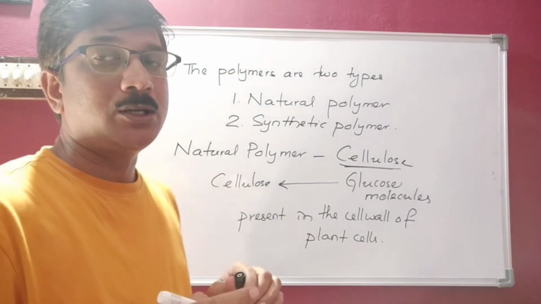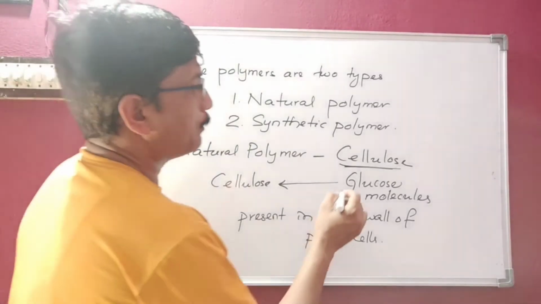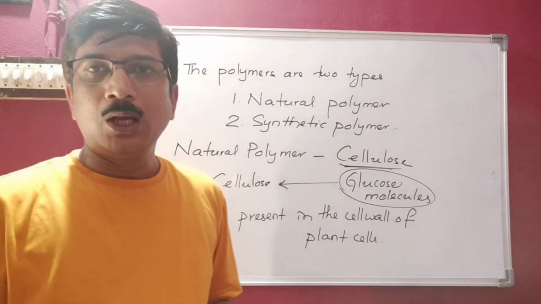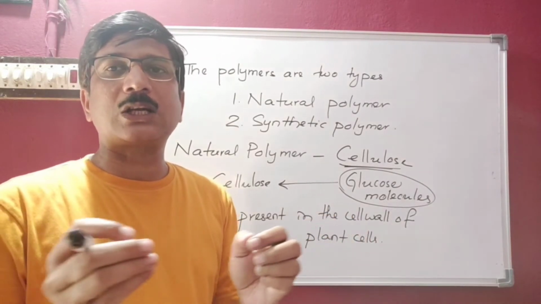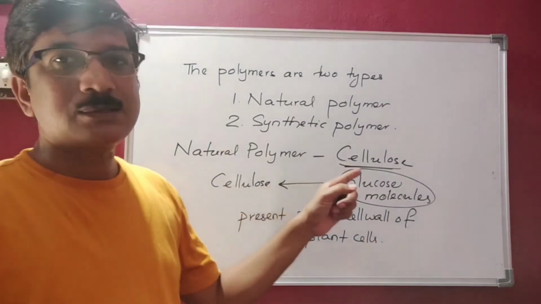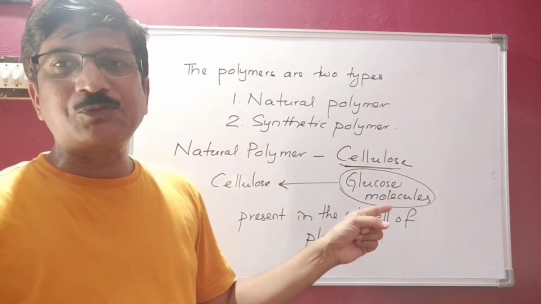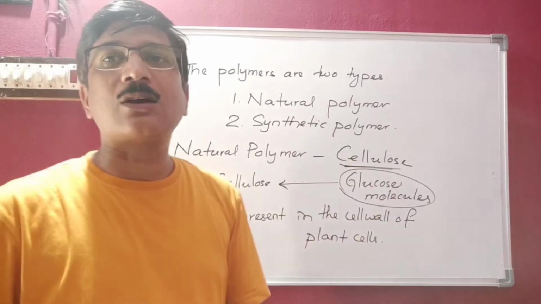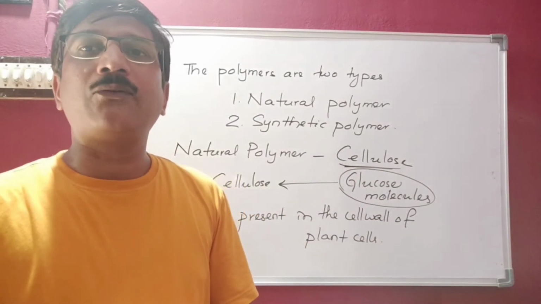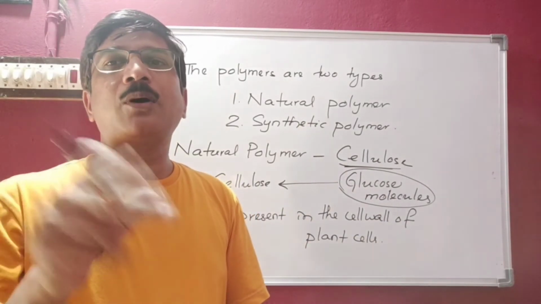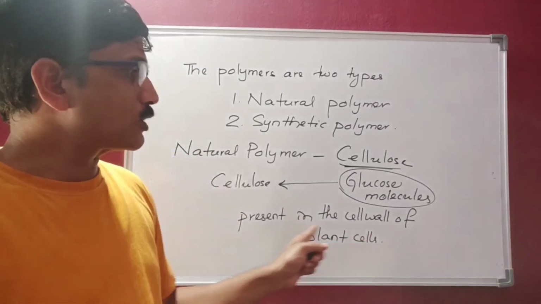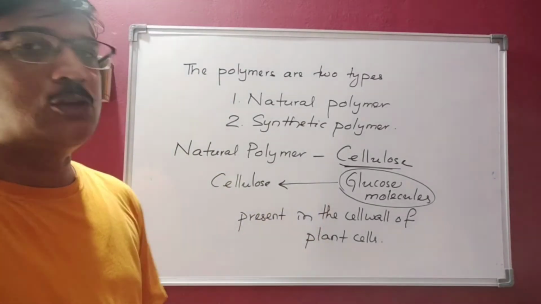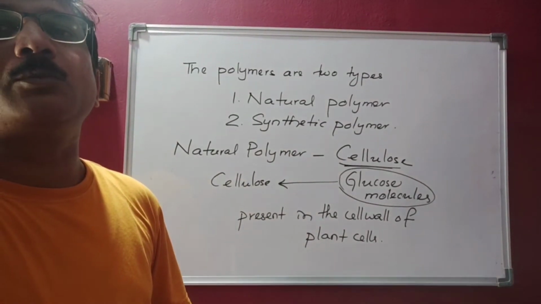Cellulose is a polymer prepared by the combination of a number of glucose molecules. As it is formed by a number of glucose molecules, cellulose is a polymer, and it is obtained from nature, present mostly in the cell wall of plant cells. That's why cellulose is called a natural polymer.